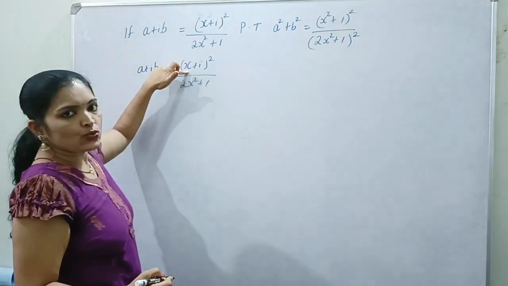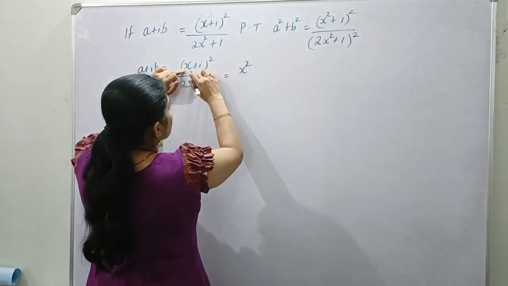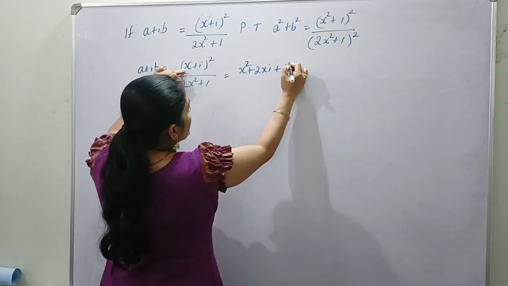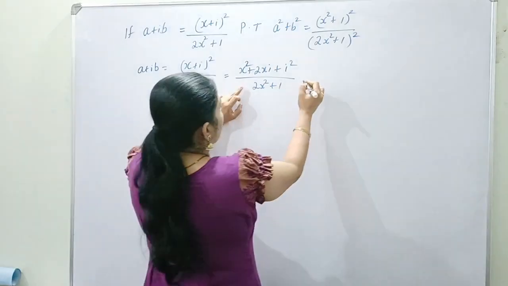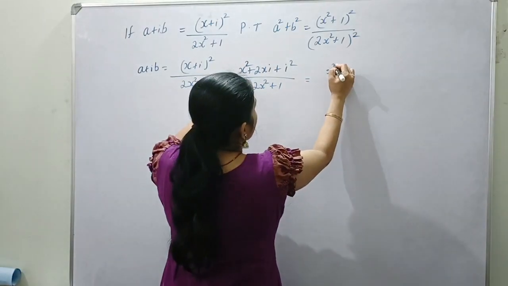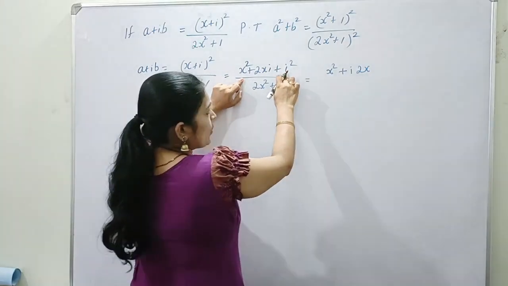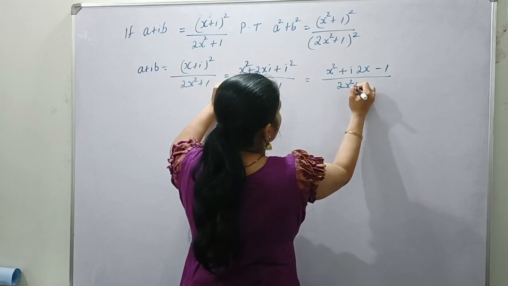Let us simplify this one, expand this one. So x square plus 2xi plus i square divided by 2x square plus 1. That is equal to x square plus i 2x, here i square is minus 1, divided by 2x square plus 1.